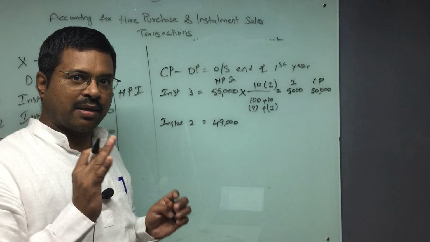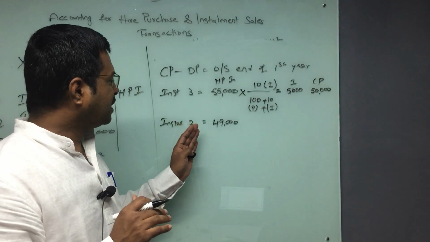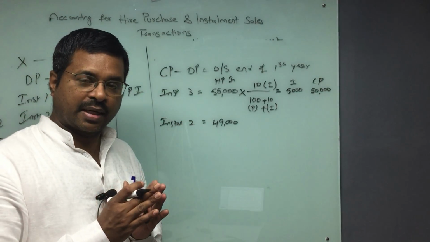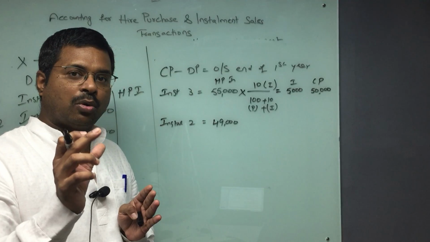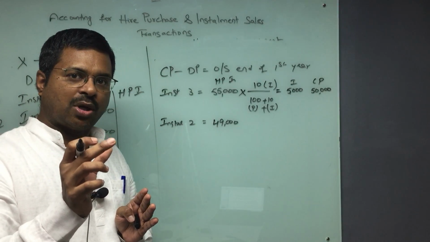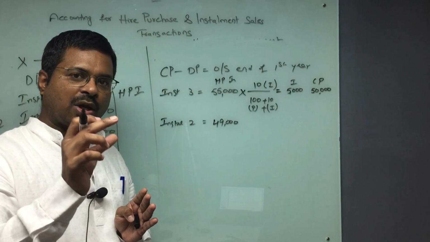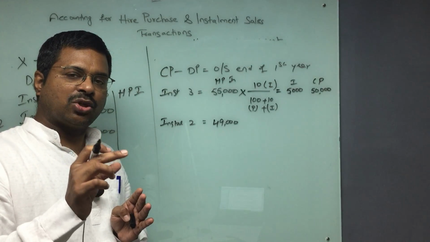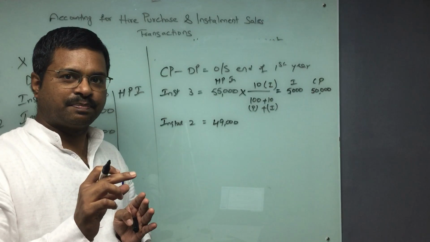Try to understand clearly, please listen carefully. At the beginning of the second year, the total amount outstanding will be the cash price of installment 2, the cash price of installment 3, plus interest of the second year.